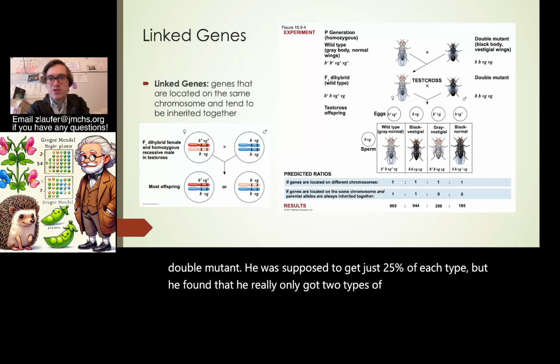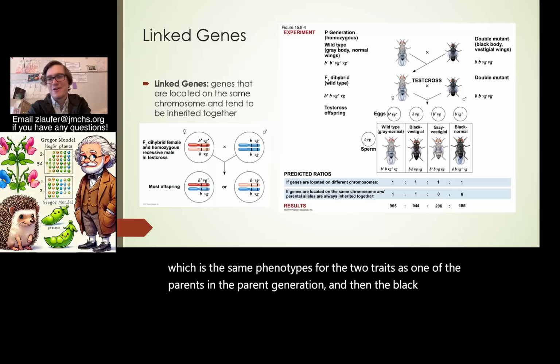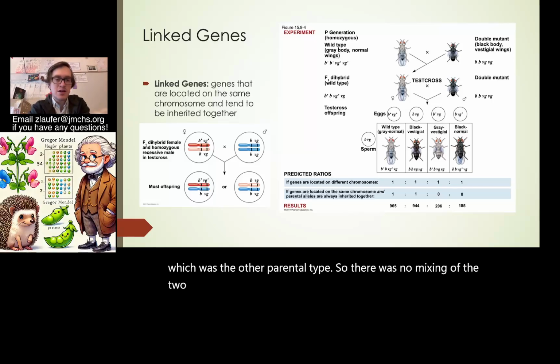The wild type, which is the same phenotypes for the two traits as one of the parents in the parent generation, and then the black vestigial, which was the other parental type. So there was no mixing of the two parental genes.